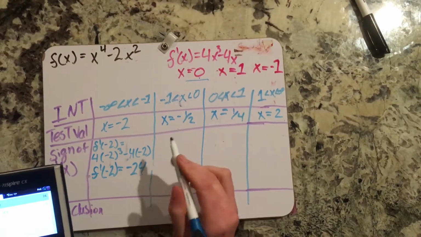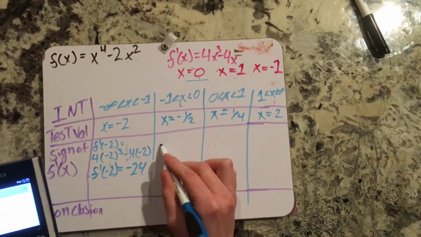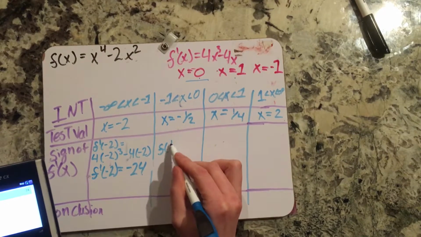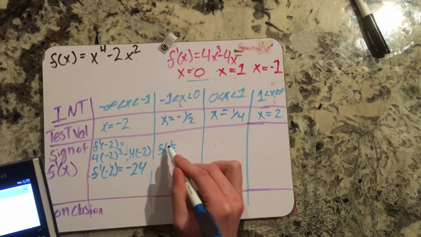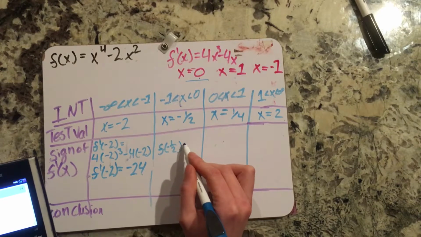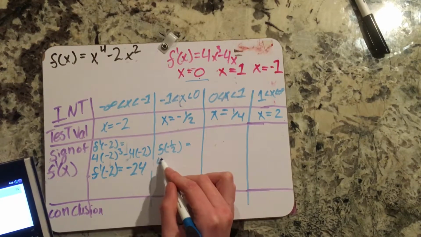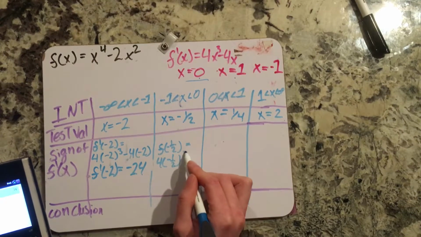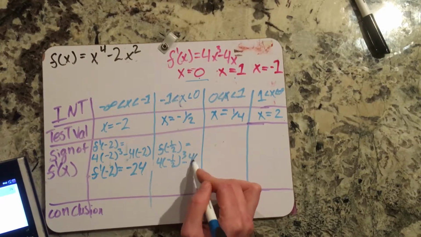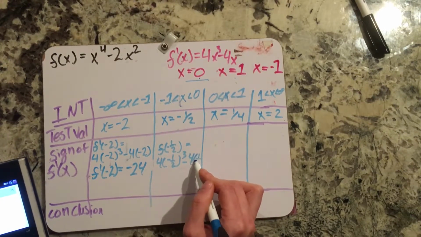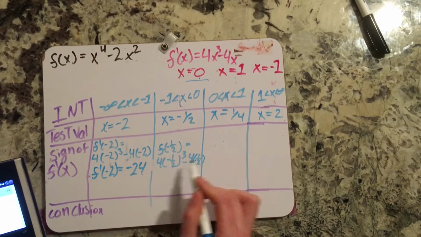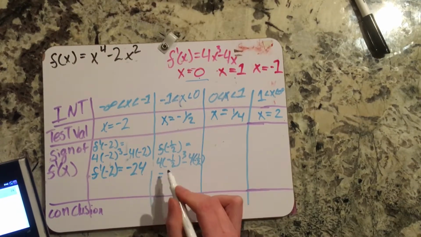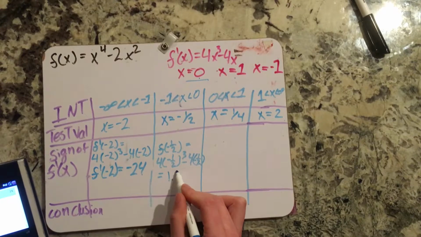So f prime of negative 1/2 is 4 times negative 1/2 cubed minus 4 times negative 1/2. Again, sorry this is cramped, there's just a lot of writing. And this is going to be equal to 1.5.